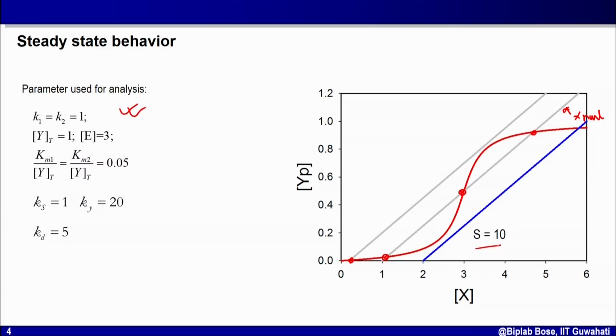Let us increase s further. I double s to s equal to 10. Now this blue line is my x nullcline. Now I have only one point of intersection there. So that means that is my steady state. So what is happening here? As I change s, my y nullcline does not change because the y nullcline does not have any s term in that equation.